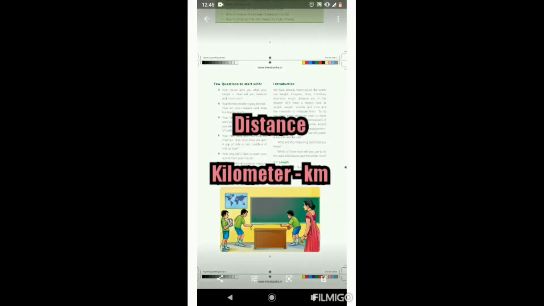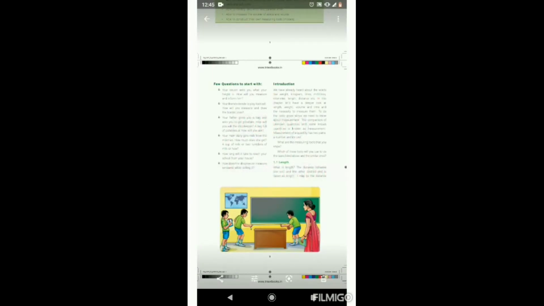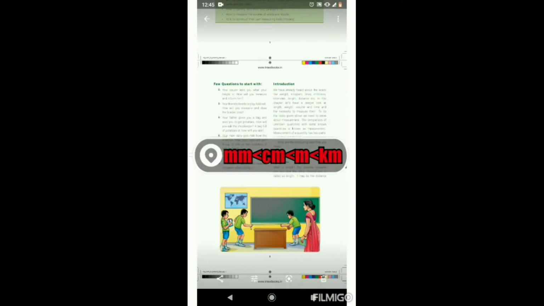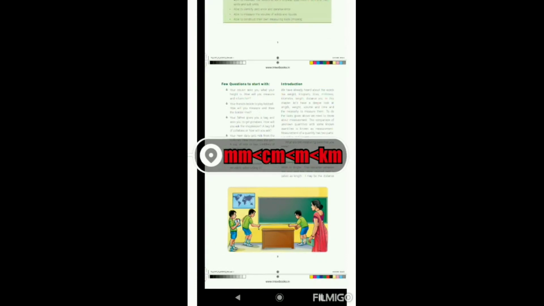Example like 2 kilometers, 5 kilometers, etc. To arrange these units in ascending order, it starts from millimeter, then centimeter, then meter, then kilometer. So the smallest is millimeter and the biggest is kilometer.